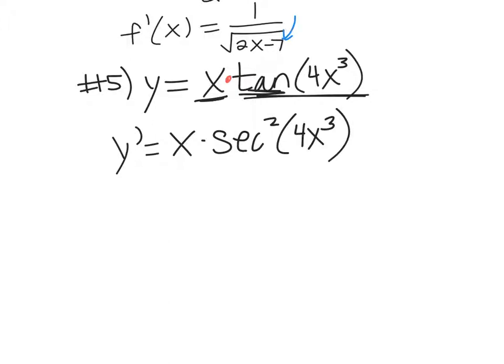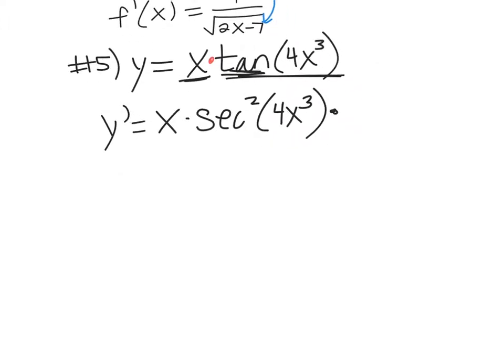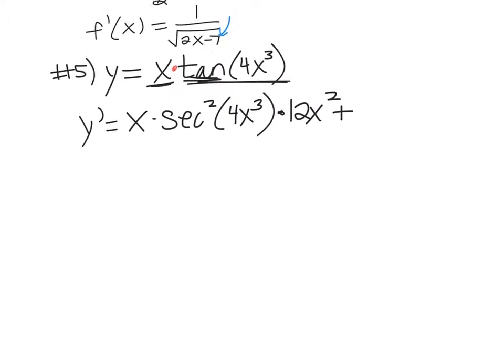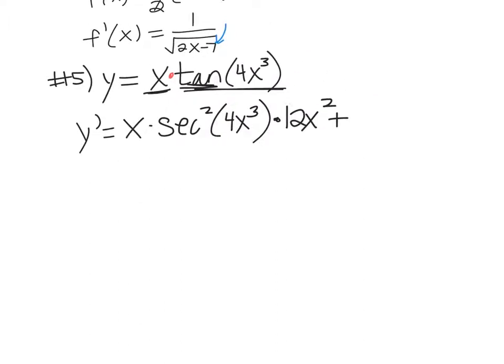Just the derivative of the tangent part, leaving the inside as is, times now the derivative of 4x cubed, which is 12x squared. Good. Plus. So that's just A times B prime. Now we have to do B, which is the tangent of 4x cubed, times A prime, which is simply 1.